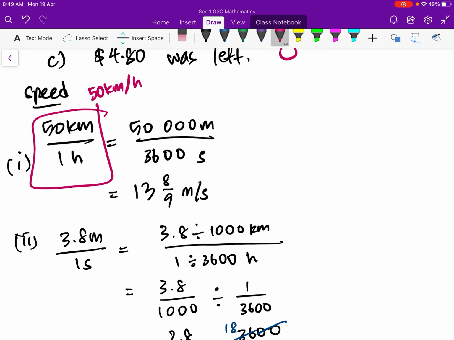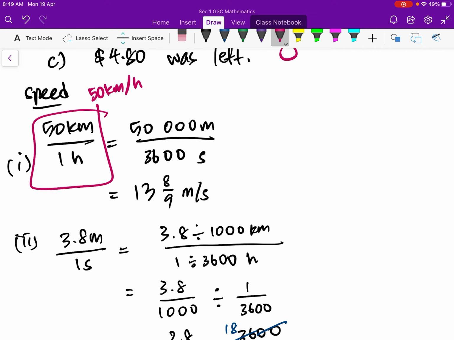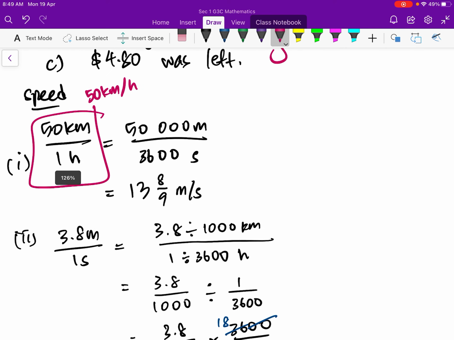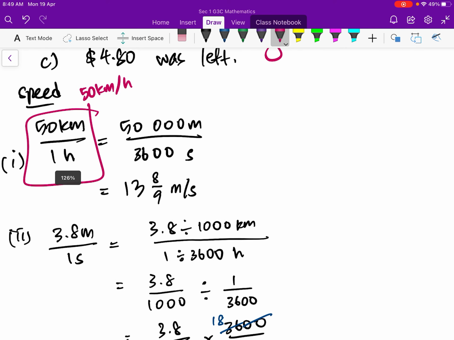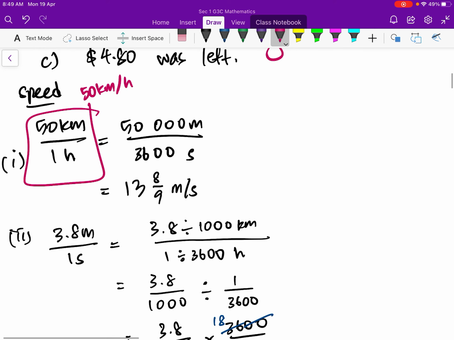In the second sentence, his best time was 10% less than the time in 2008. So we are comparing with 2008. So when we compare with 2008, it means that 2008's time represents 100%.